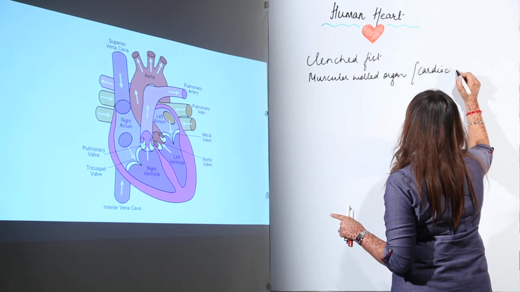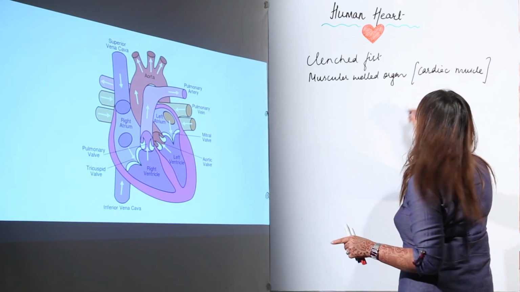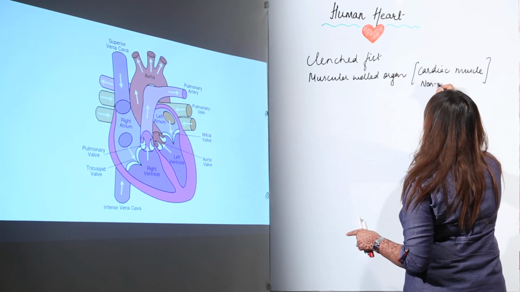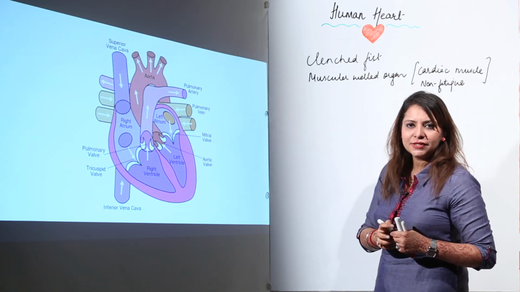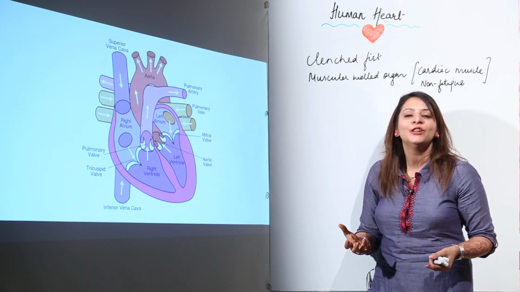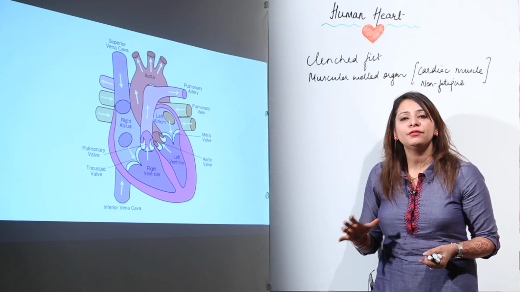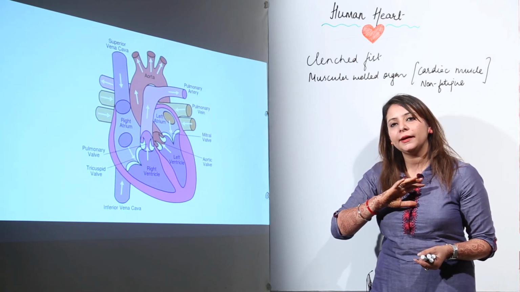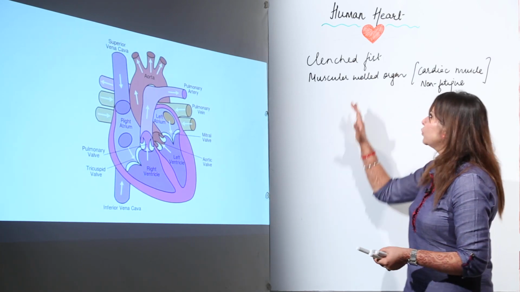You have studied this in lower standards also, and you know that the important property of cardiac muscle is that it is non-fatigue muscle, that is, it never gets tired. If it got tired, we would get tired of life. That is why we say it is non-tiring muscle. It keeps on contracting and relaxing throughout life. So this is the muscular wall.